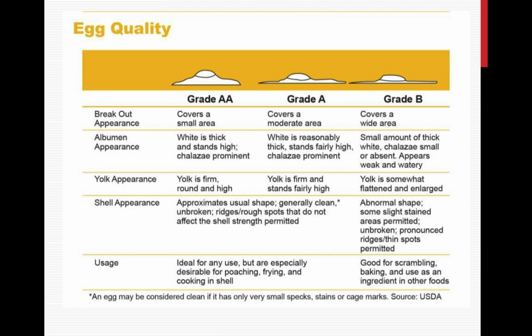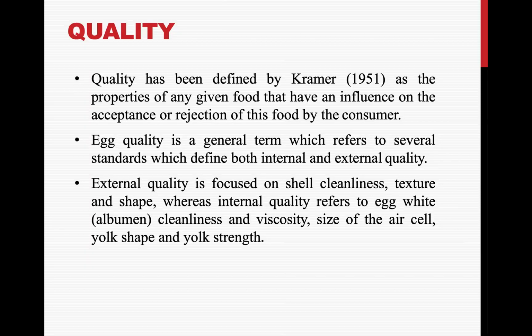The yolk is somewhat flat and enlarged, with abnormal shape. Some slightly stained areas are permitted, and pronounced ridges and thin spots are acceptable in this category. This type of egg is usually good for scrambling, baking, and as an ingredient in other food materials.